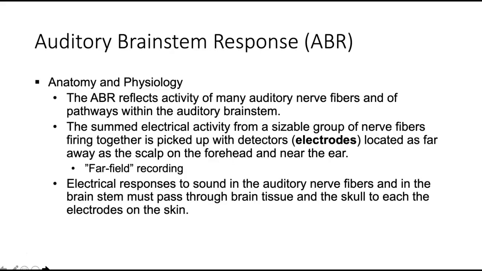And if you remember, the brainstem is one of the lower levels of the central nervous system. We call it a far field recording because we're recording a response deep down within the brain structure, and we're recording it from the scalp or the ears, and I'll show you that.